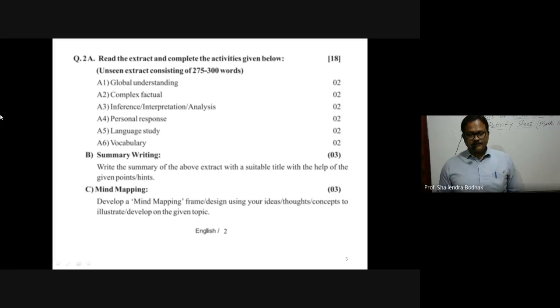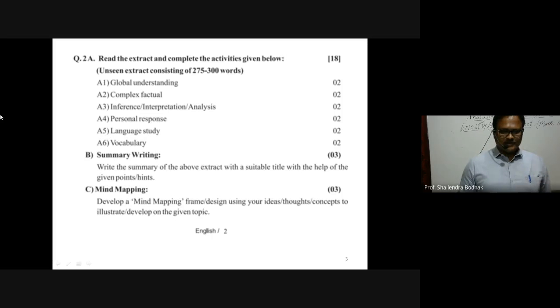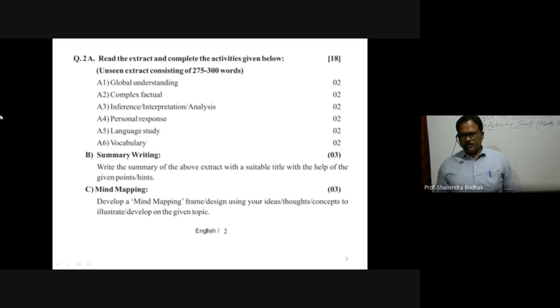That is, if you go back to your textbook, section number 3, page number 135, you will get detail as to how to write a summary. Or you can go on YouTube. There are many videos on which you can learn how to write a proper summary.